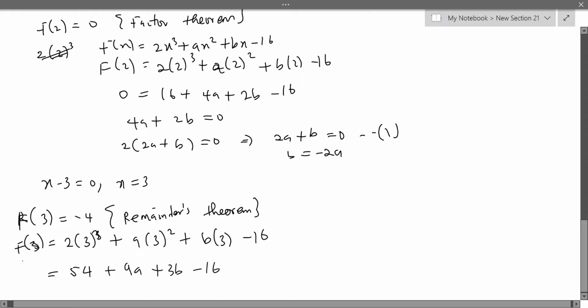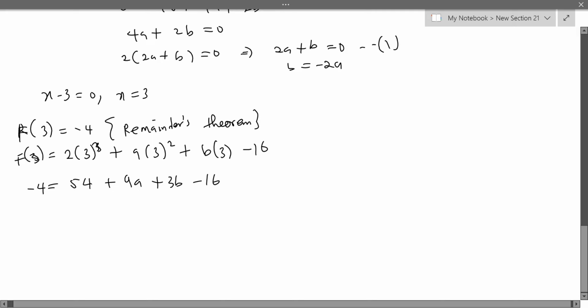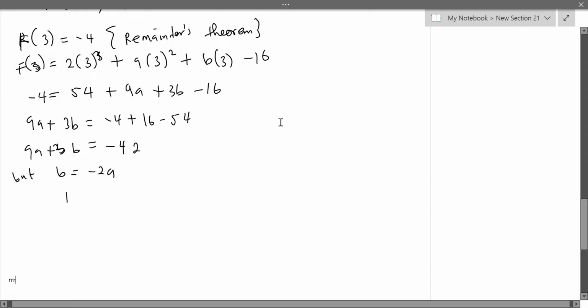So this will give you 54 plus 9a plus 3b minus 16. The remainder is equal to minus 4. So you have 9a plus 3b is equal to minus 4 plus 16 minus 54. What will this give you? We've already said b is equal to minus 2a.